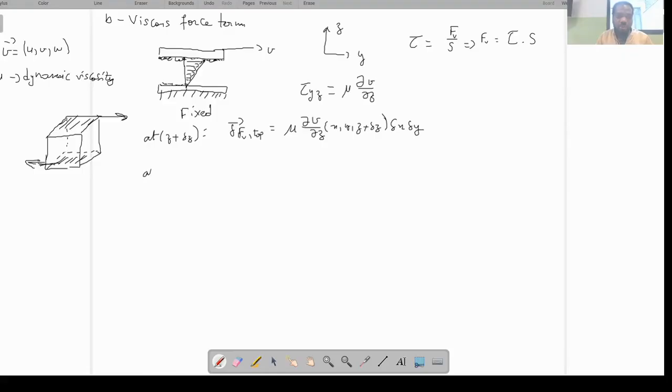And at the bottom face at z, the viscous force delta F_V on the bottom face equals, since this force is opposite to the y-axis, there is a minus sign here, minus mu partial v over partial z evaluated at x, y, z, times delta x delta y.